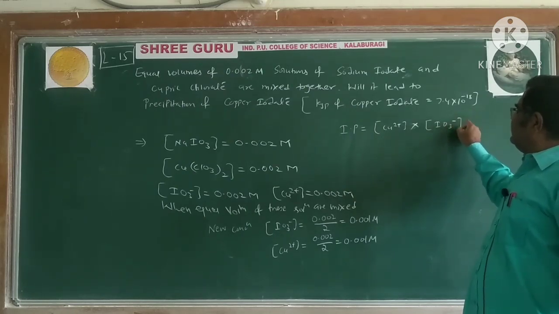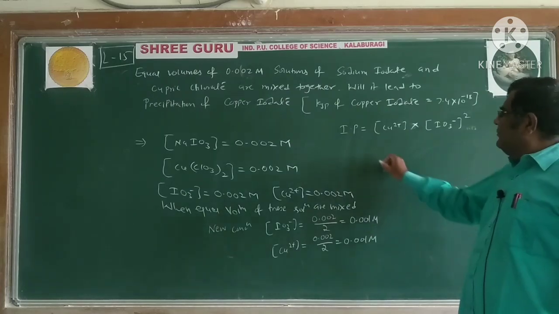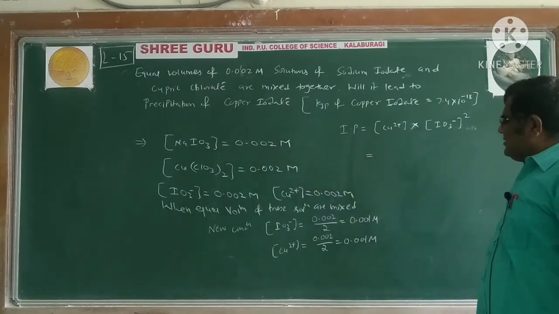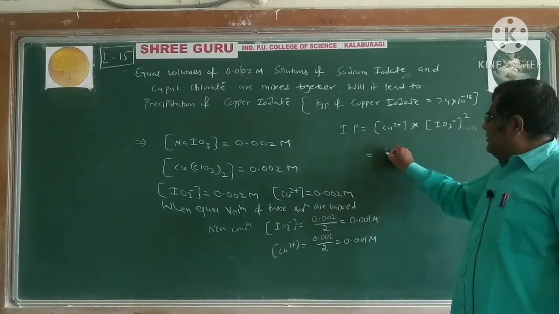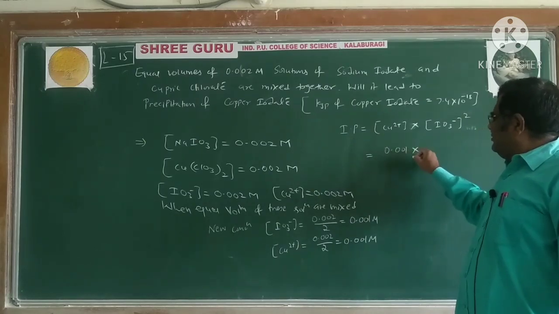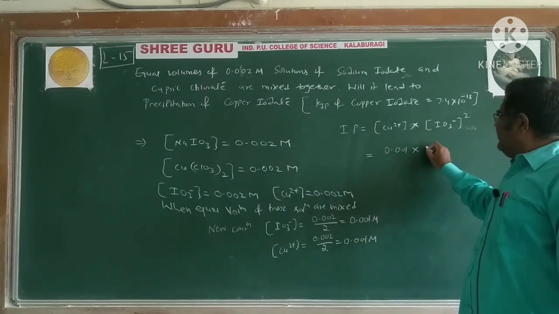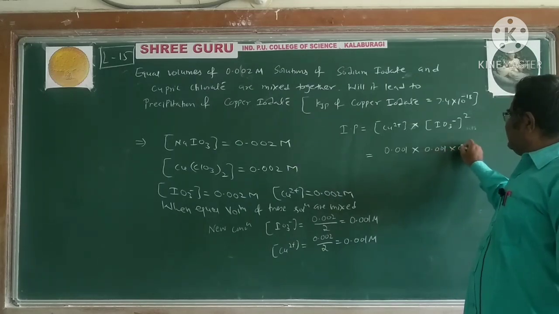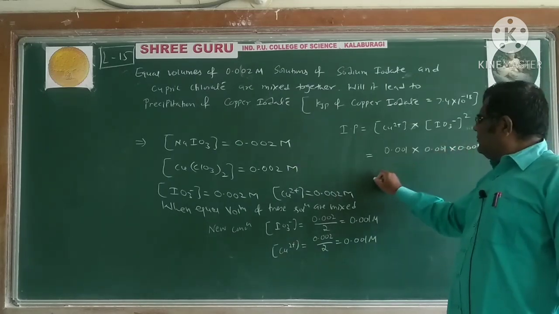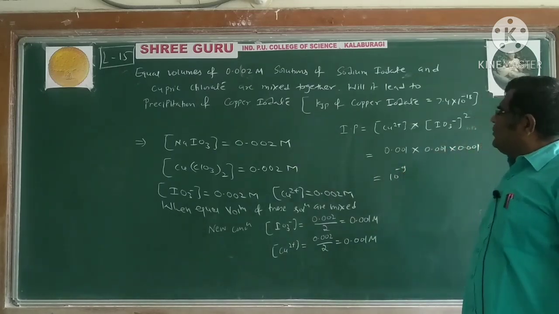As valency is 2, we can write it as square. Copper concentration is 0.001. Iodate is also same, but square of it is 10 raised to minus 9.